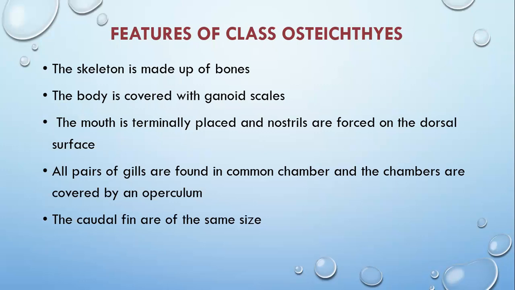As you can see, they are bony fish. Second, the body is covered with ganoid scales. Third, the mouth is terminally placed and the nostrils are on the dorsal surface. Fourth, all the pairs of gills are found in a common chamber, and the chamber is covered by the operculum. The other feature is that the caudal fin is of equal size.